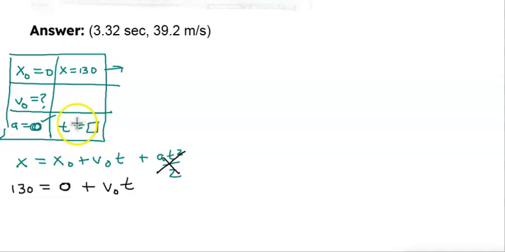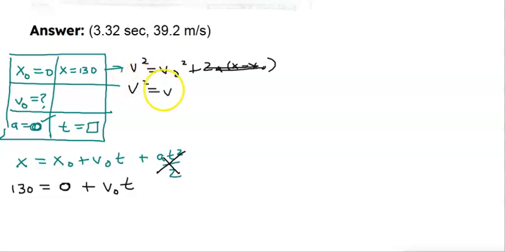But I'm going to go ahead and do this: v squared equals v naught squared plus 2a, x minus x naught. Since acceleration is 0, all you get from that is v initial equals v final, which you already knew. So not helpful.